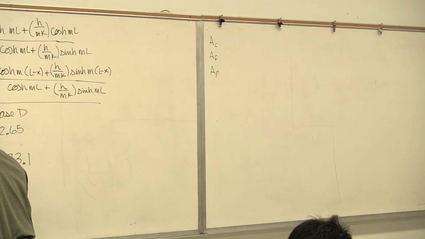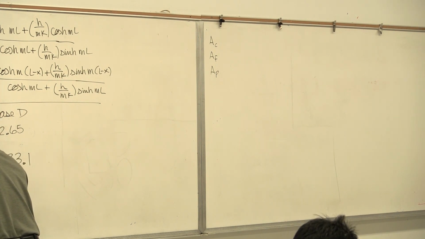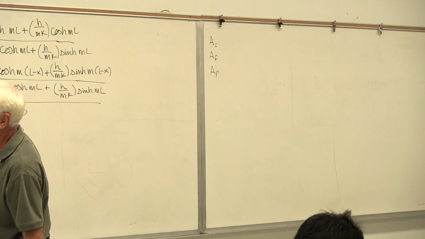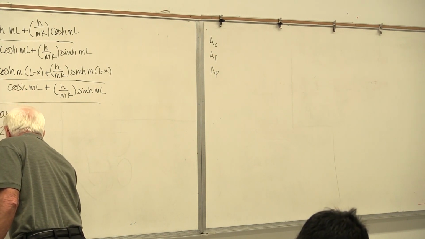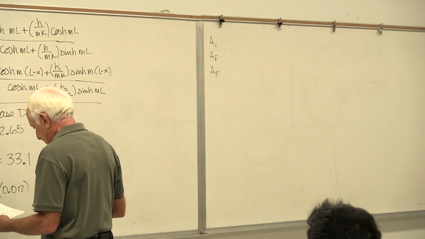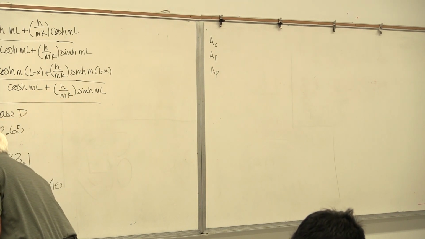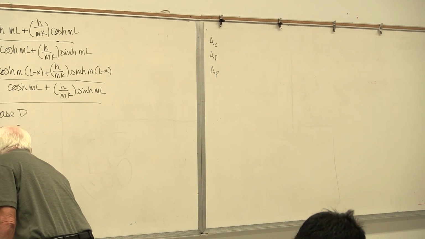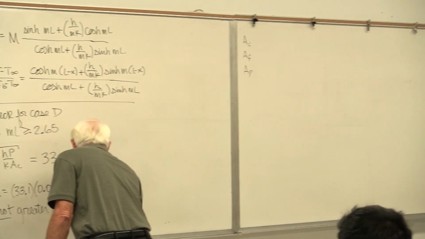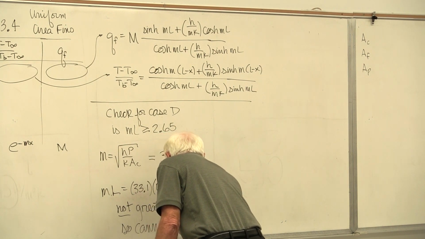Multiply little m times L. The length of the fin away from the base is 12 millimeters, and so I end up with 0.40. That's not greater than 2.65, so I cannot use case D.